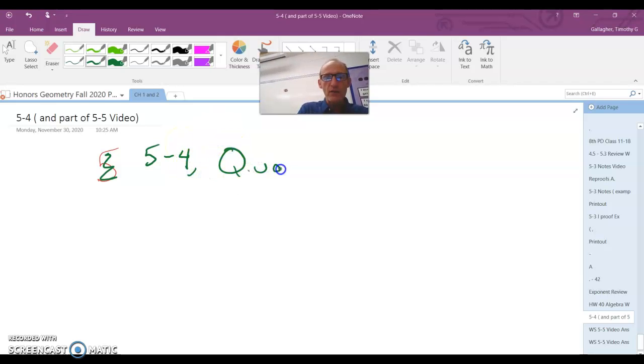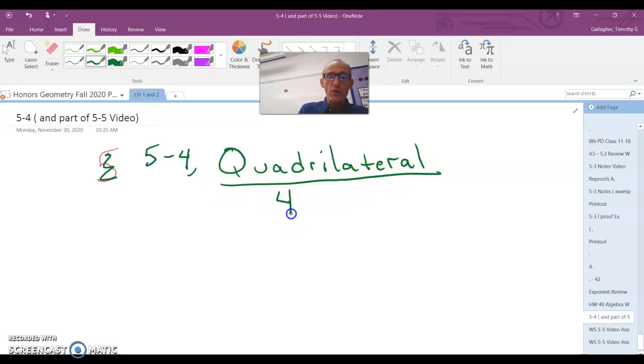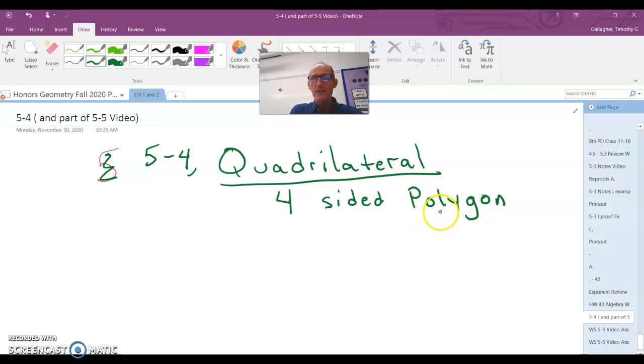What is a quadrilateral? A quadrilateral is a 4-sided polygon. Now, poly means many, and gon means sides. So a polygon has many sides, but a quadrilateral has 4 sides.